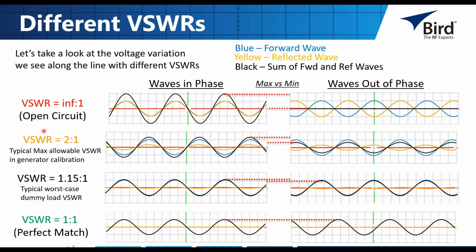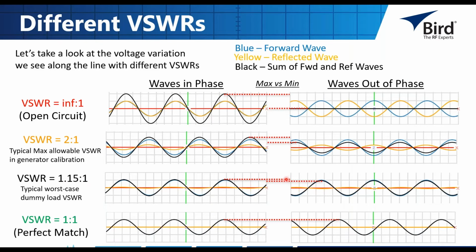A lot of times when we're calibrating systems, we're trying to keep our VSWR no more than 2 to 1. And so you can see here there is a fair amount of variation along the line, and this can definitely lead to some additional inaccuracies in a measurement, versus something like what you'll usually see in dummy loads during these calibration processes, which is worst case usually 1.5 to 1.